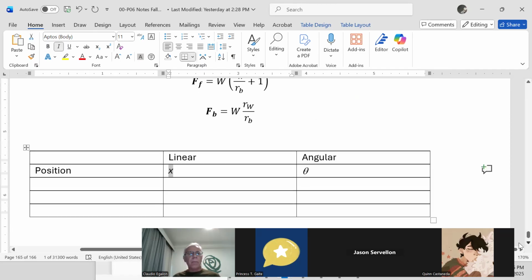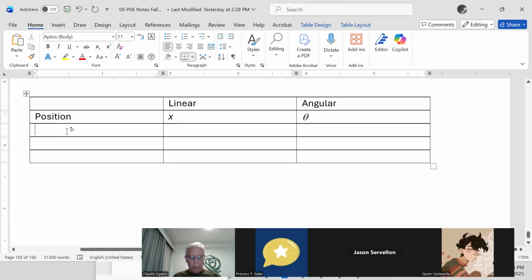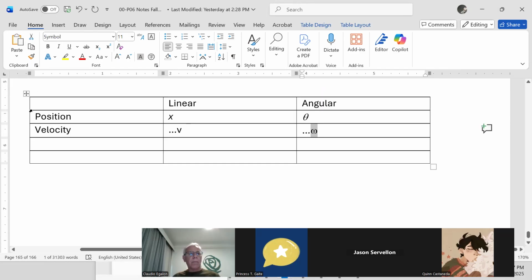Next, velocity. V. Keep on 1, 2, 3. And I'm going to put omega here. Next is acceleration. A. Alpha.